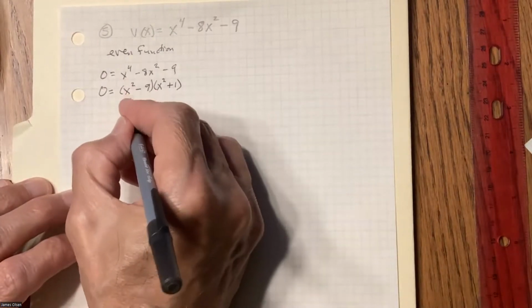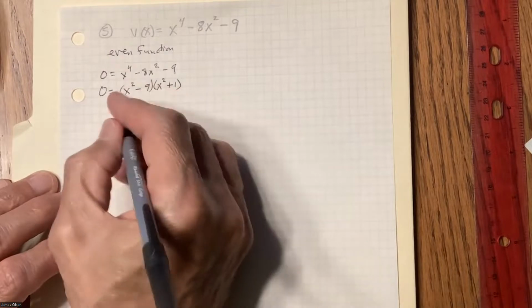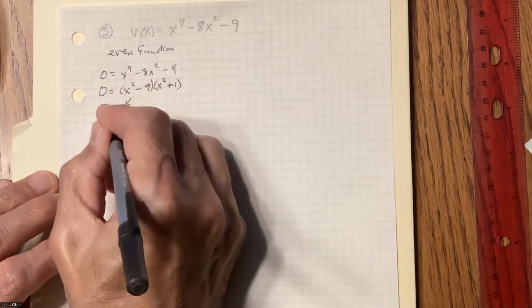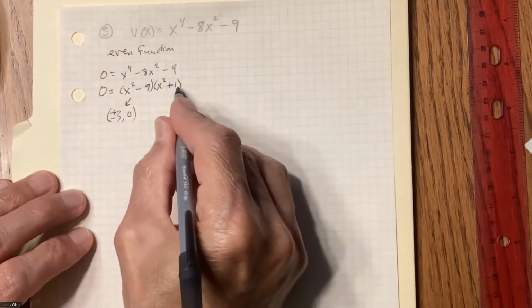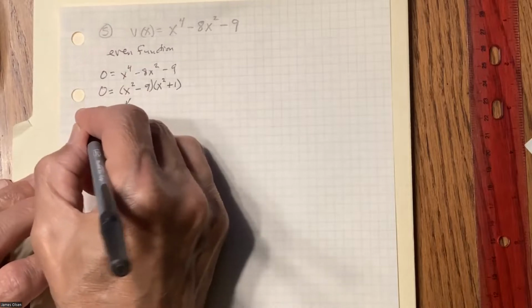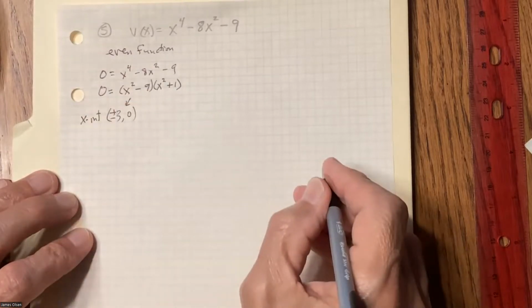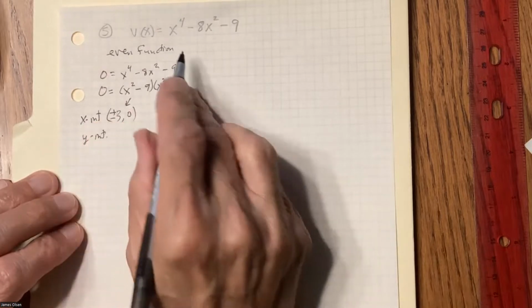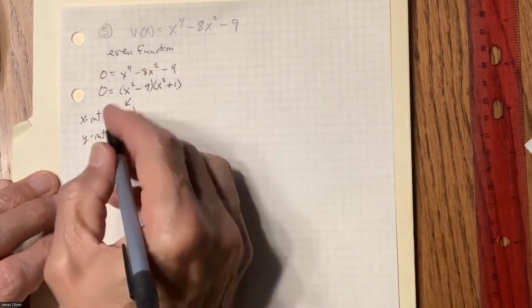This factor gives me plus or minus 3, comma 0, and this one does not give me any. So there are going to be 2 x-intercepts. These are the x-intercepts. For the y-intercept, we get -9.